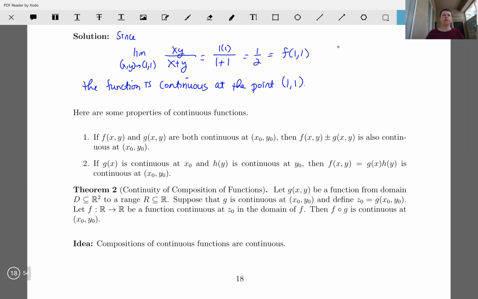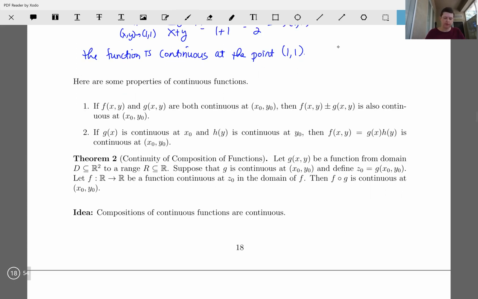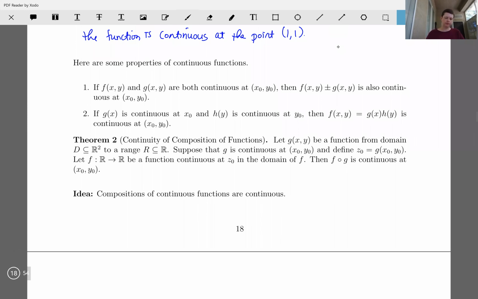In other words, if I have a function of two variables that can be written as the product of two functions of a single variable, and the limits of those single-variable functions exist, then the limit of the function of two variables will also exist and be the product of the two, which means my function is going to be continuous.